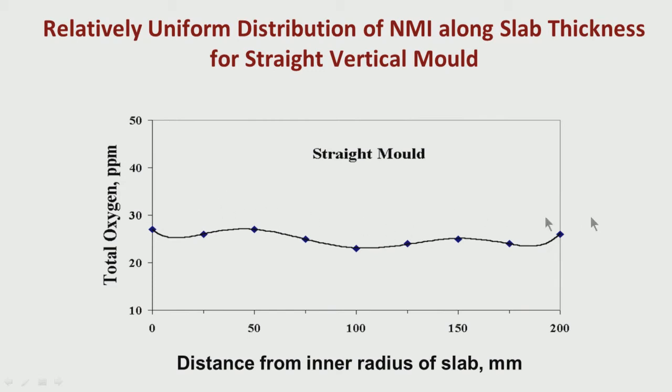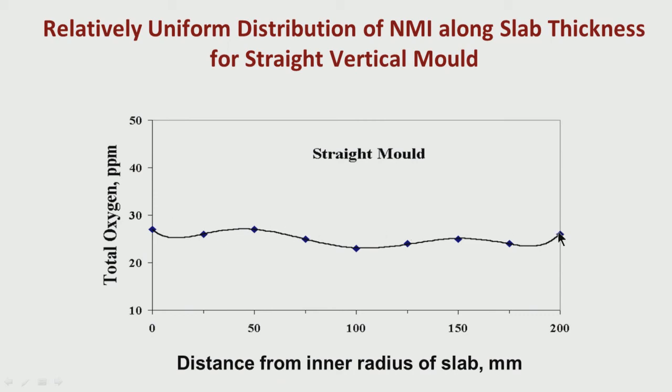So, this is important, how we have analyzed this. We have drilled samples. It is a 200 millimeter thick slab. From the surface we have drilled, then gone in say 25 millimeter and drilled again to get a sample, then another 25 millimeter and taken a sample.